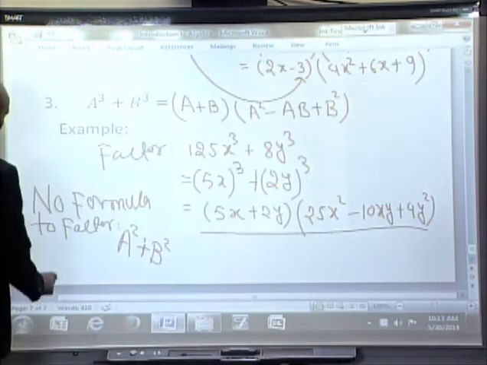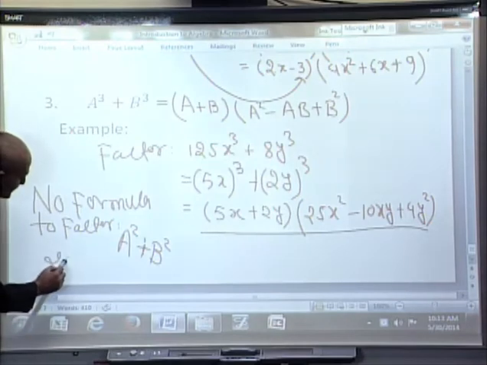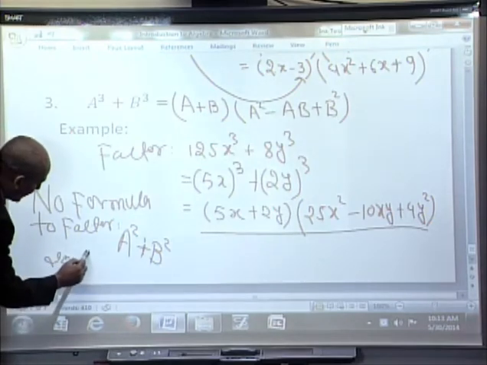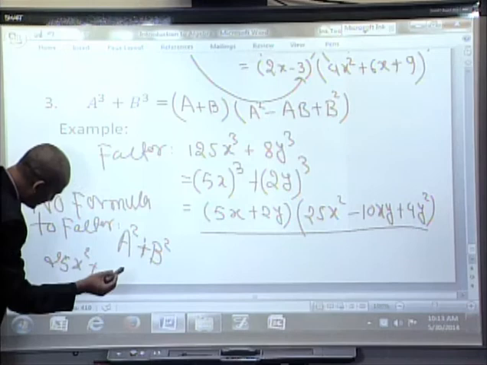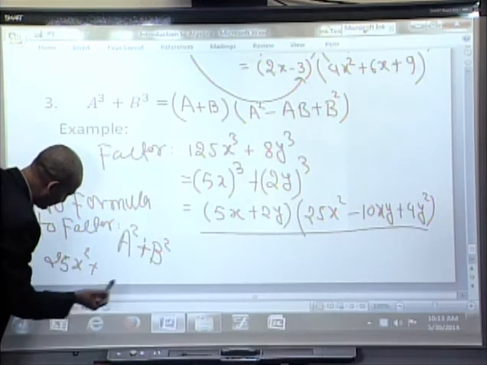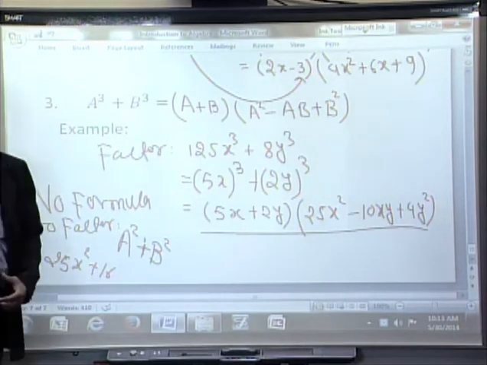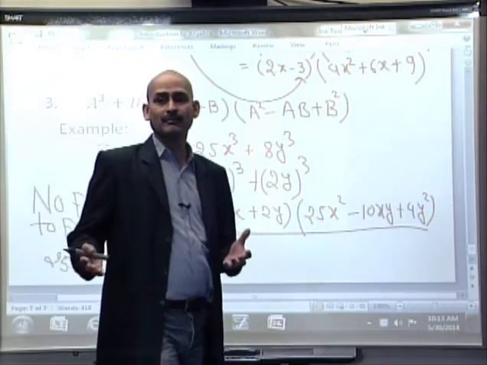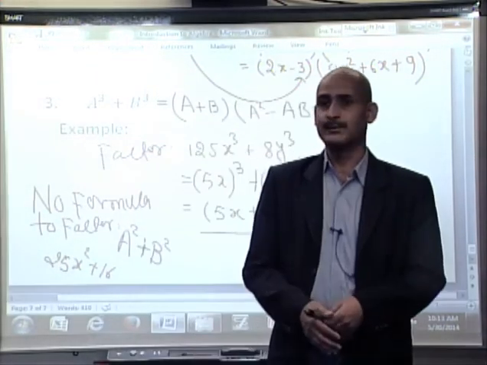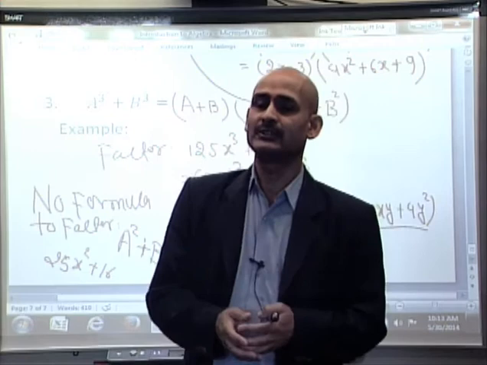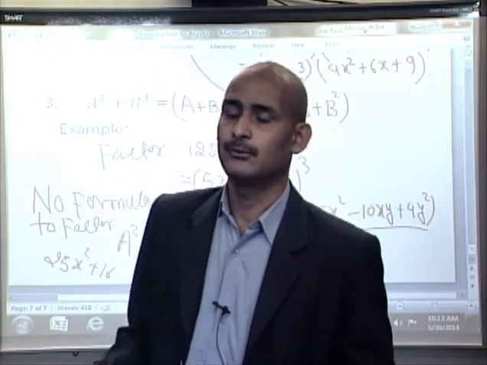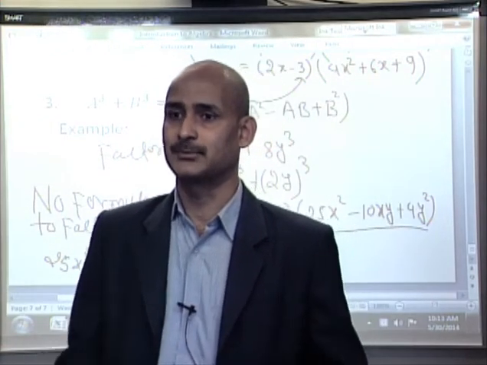So for example, if I tell you to factor 25x squared plus the square of some other quantity, let us say 16, this itself is in fact a prime algebraic expression. If there is an algebraic expression which cannot be factored, we call it a prime algebraic expression.